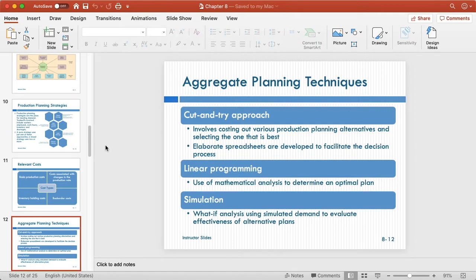Basically in this approach, we calculate the overall cost, the total cost under each strategy. If under every strategy you can calculate the corresponding cost, let me ask you this simple question: which strategy should we use?